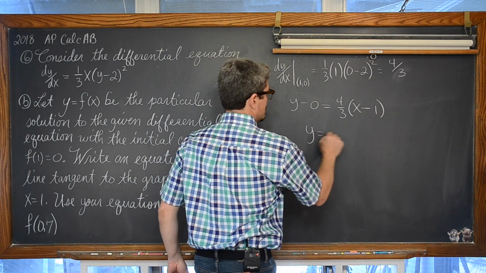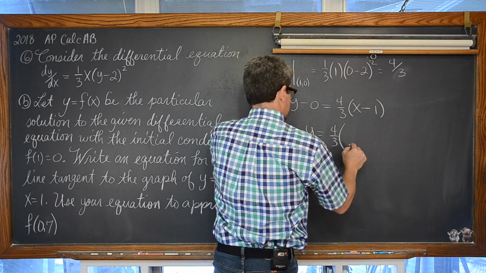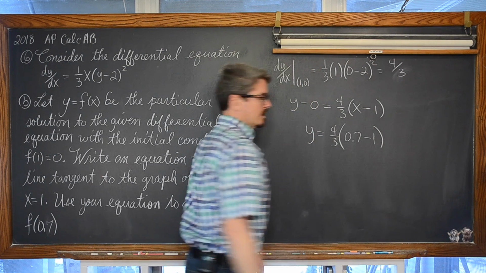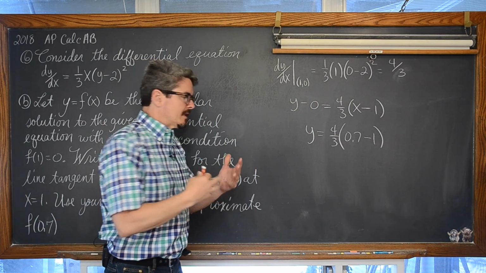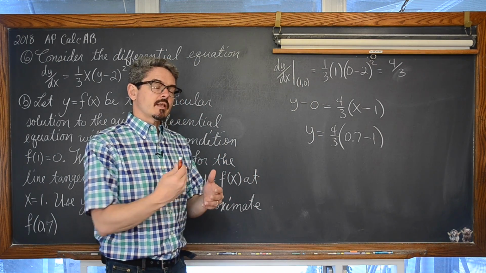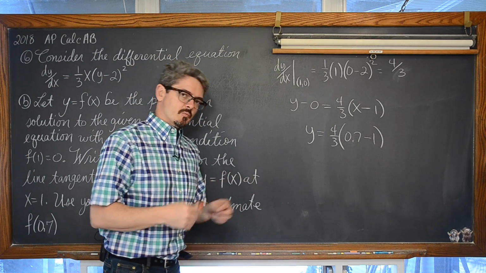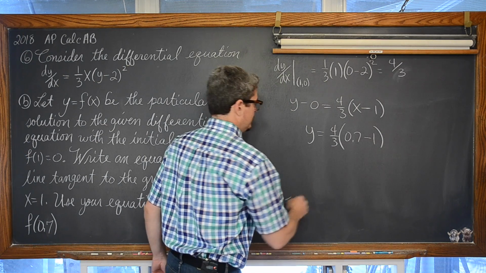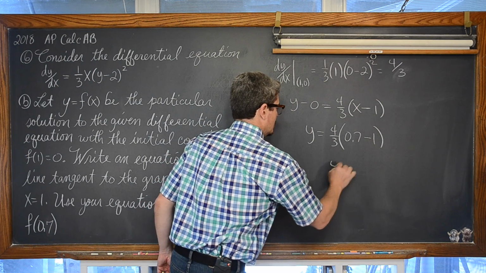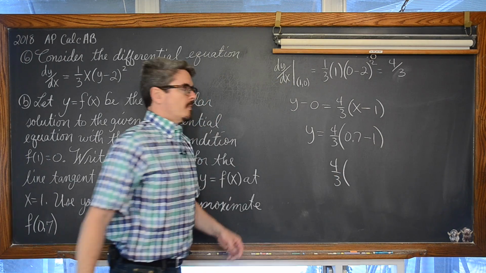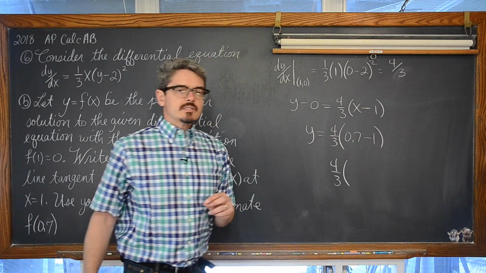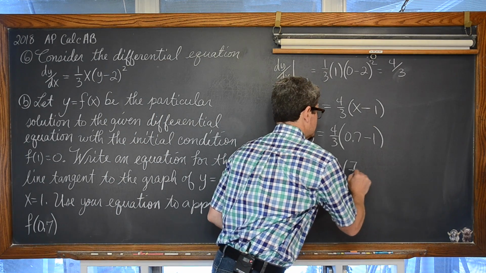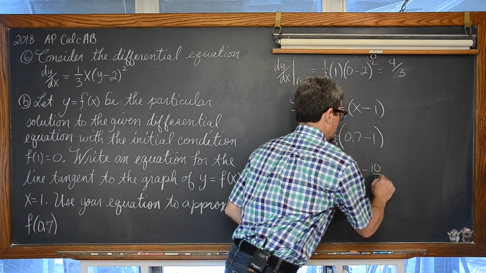So we are looking at y is equal to 4/3 times 0.7 minus 1. And in terms of doing linear approximations, I like my tangent line to be in point-slope form as opposed to the slope-intercept form you would give as a final form of a tangent line. Now, this 7/10 is best worked with as a fraction, so we're looking at 7/10 minus 10/10.